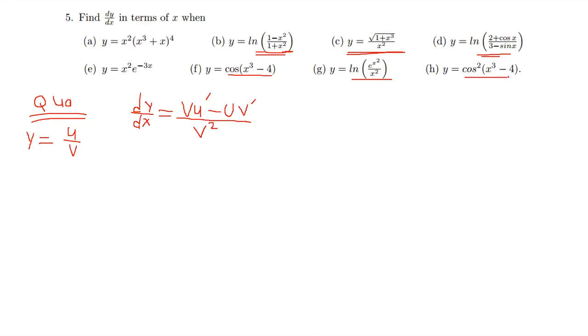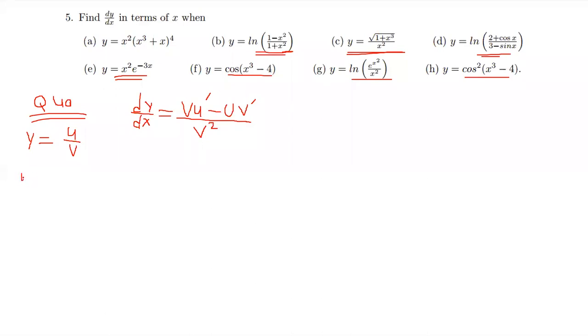This one is product and chain rule. This one is just product and power rule. Yeah. So we begin now. Which one is our u in this case? Our u will be the numerator there.